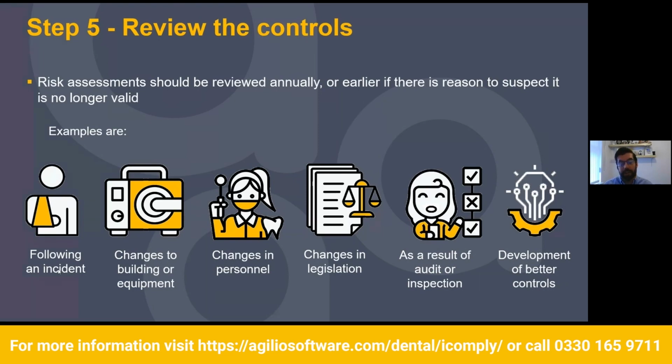And then finally, through the development of better controls. So technology is advancing all the time. New products are coming out to protect us. So we need to be aware of all these new enhancements and ensure that our assessments reflect those. So if something does come out that can better control a hazard that we haven't already got in place, Safer Sharps is a good example of this.